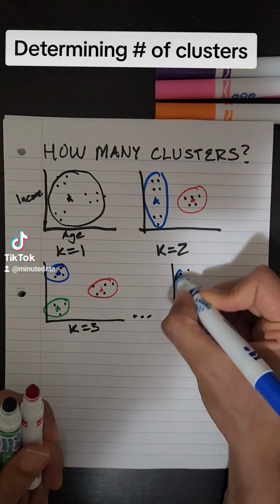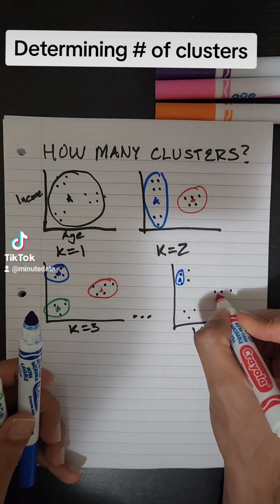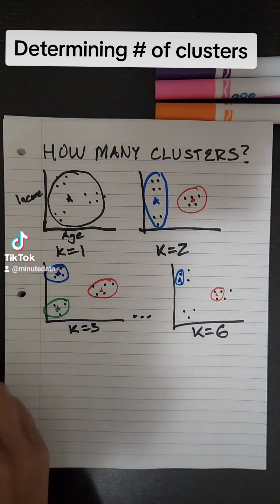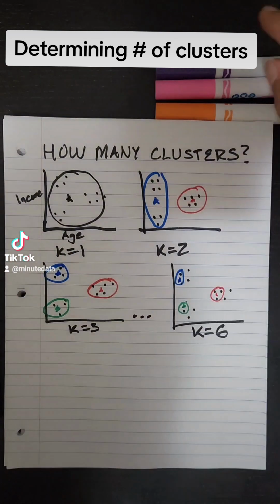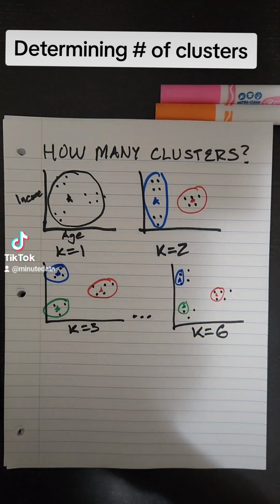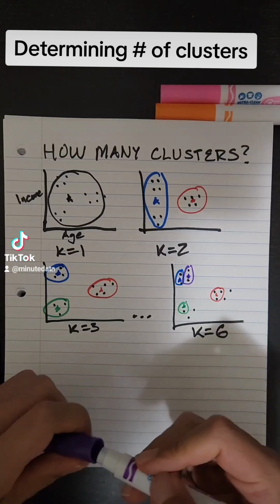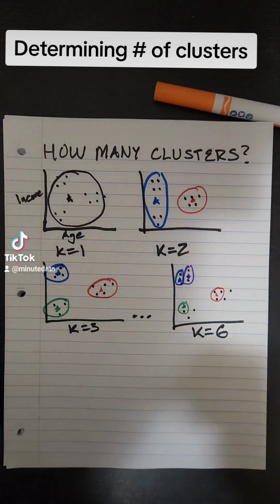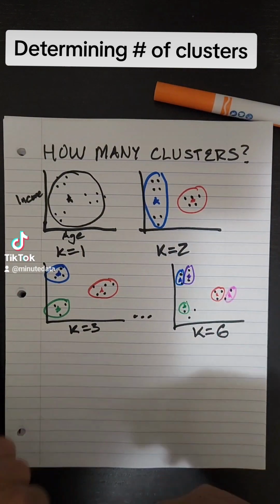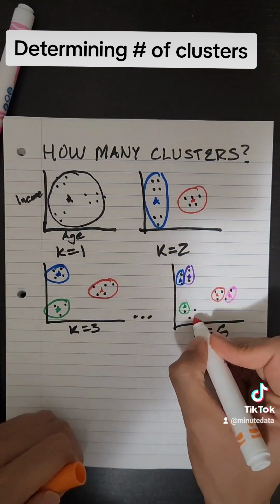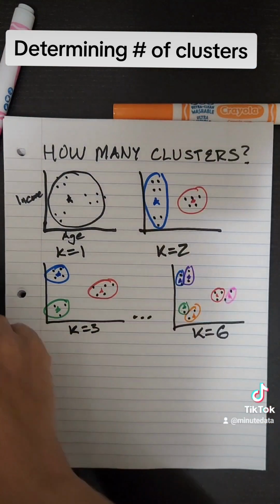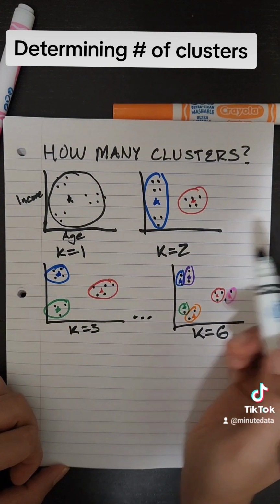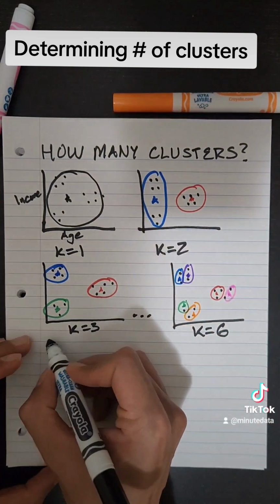Maybe it'll look something like, I don't know, let's use all the colors. All right, so we have a variety of cluster numbers to choose from, all the way from 1 to 6.